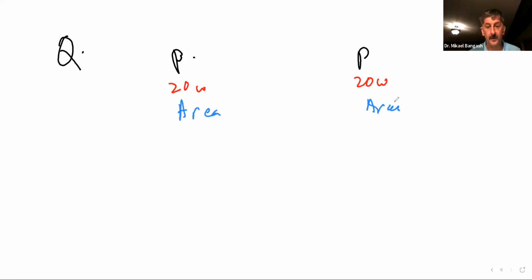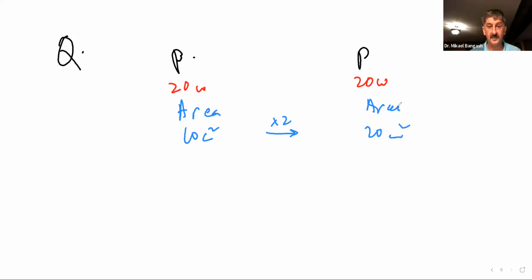So first we had, let's say, an area of 10, but the area will double, which makes it 20 centimeters squared. There's no magic in the numbers. Just make sure your powers are the same and the area is doubled.